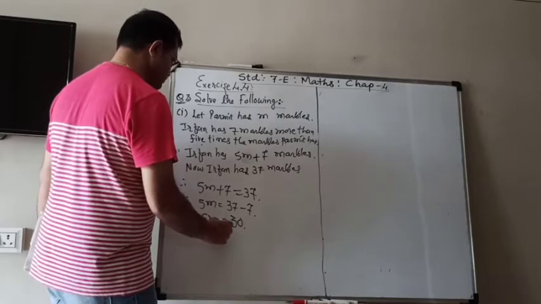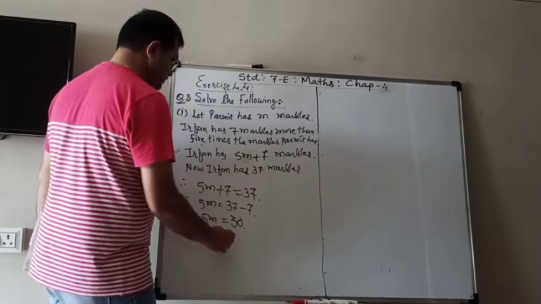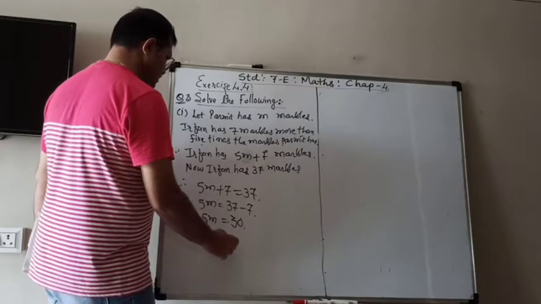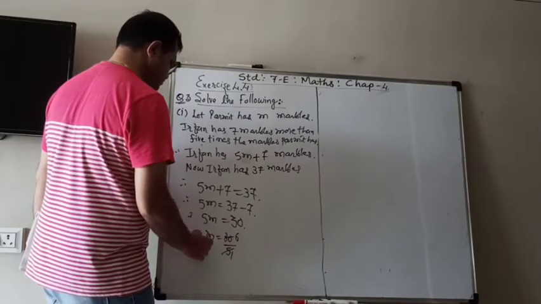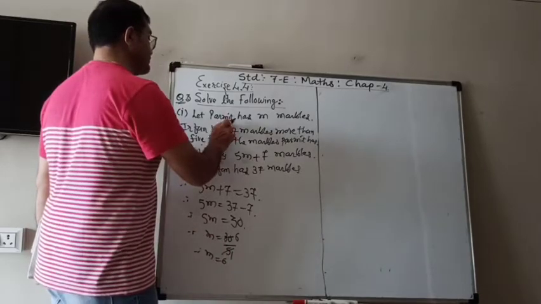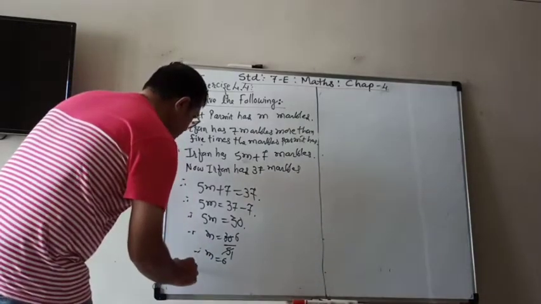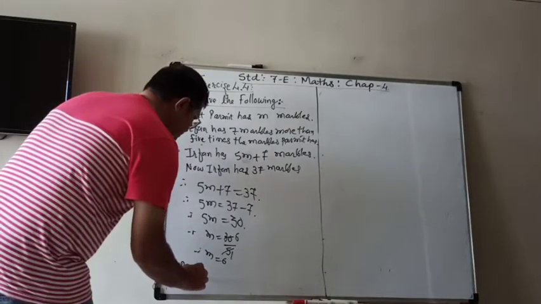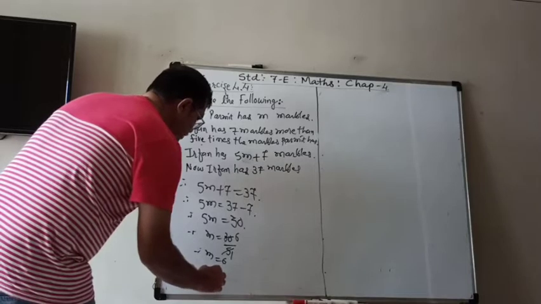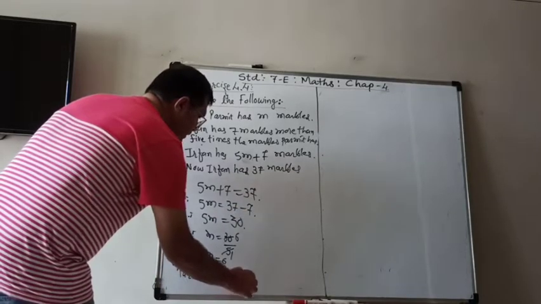Therefore m is equal to, now 5 will go in the denominator, division. 5 6s are 30, so m is equal to 6. What is m? The number of marbles Parmit has. Therefore, Parmit has only 6 marbles.